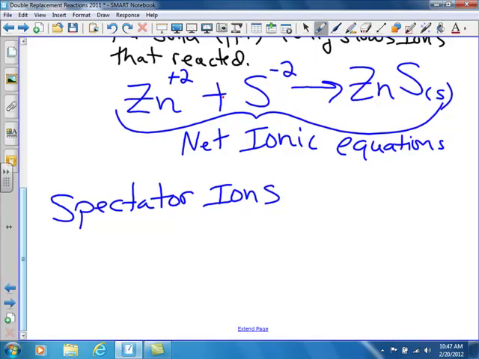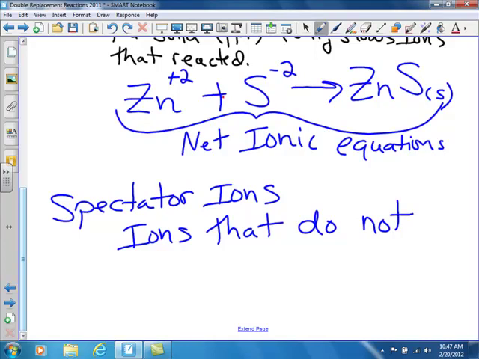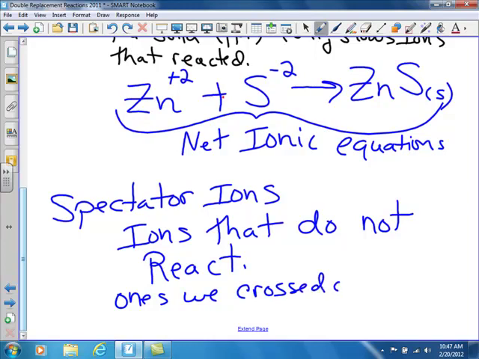Spectator ions are ions that do not react. So they're spectators. In other words, the ones that we crossed out are the spectator ions.